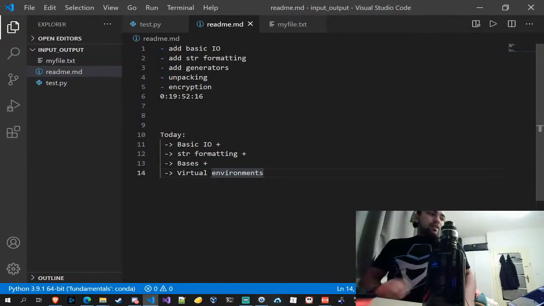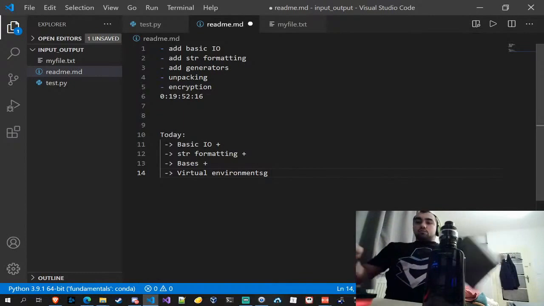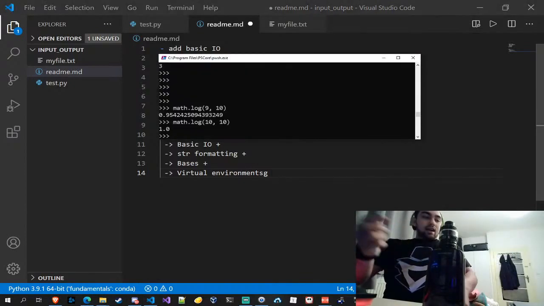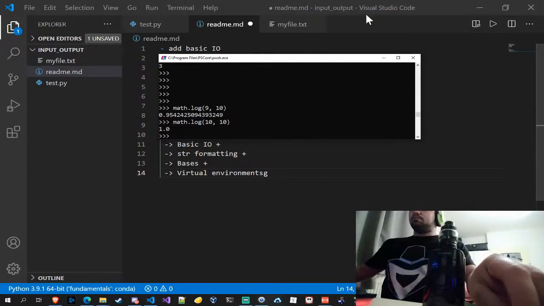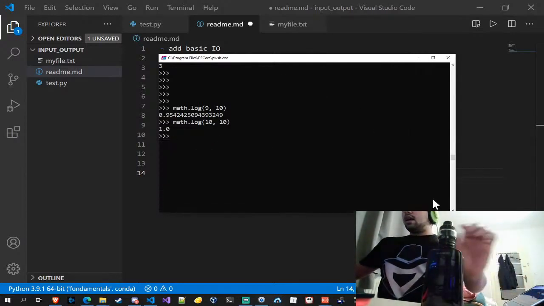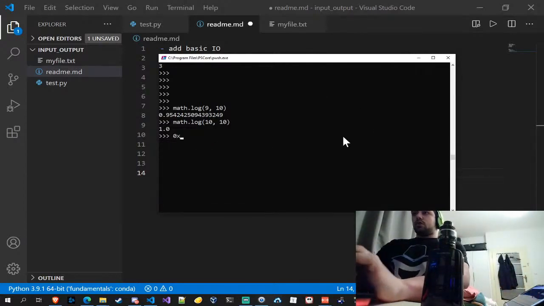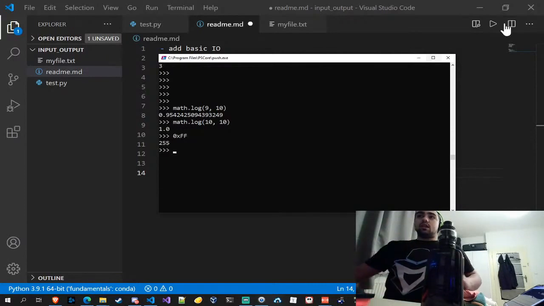And by the way, how many bytes are in FF? I don't need the board for that, I can use Python. You can type it like this, and you get 255. But how many bytes is in FF? That's a great question.